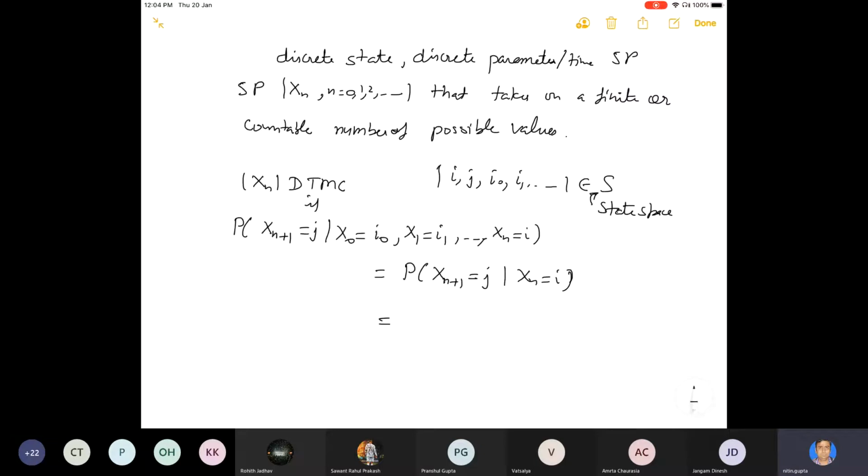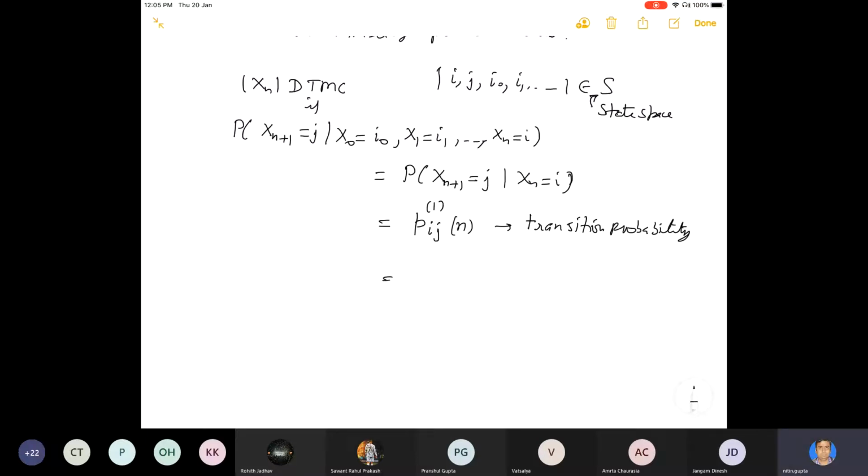This can be denoted as P, initial state i, final state j in one step, and it also depends on n. This is the transition probability. If this transition probability also becomes independent of n, then this is known as the stationary transition probability.